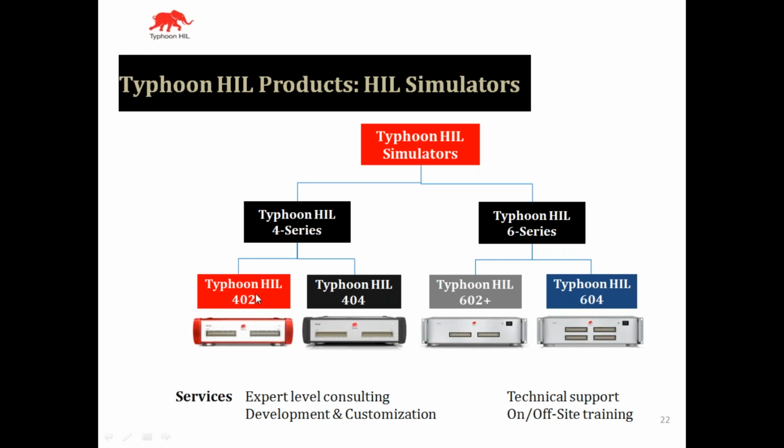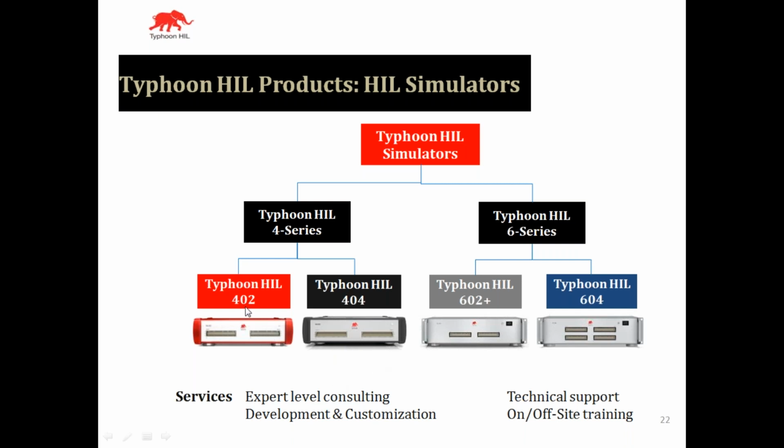The number of IEEE standard 3-phase buses is 80 plus, simulation time step down to 10 microseconds, for 4 series, 120 plus buses for HIL 602 plus, and for 604, 150 plus buses, simulation time step down to 10 microseconds.